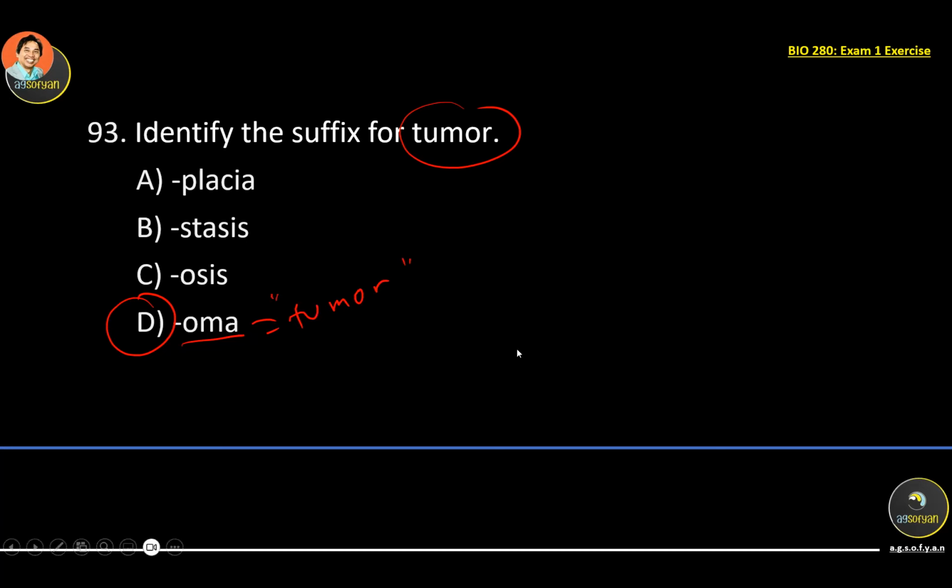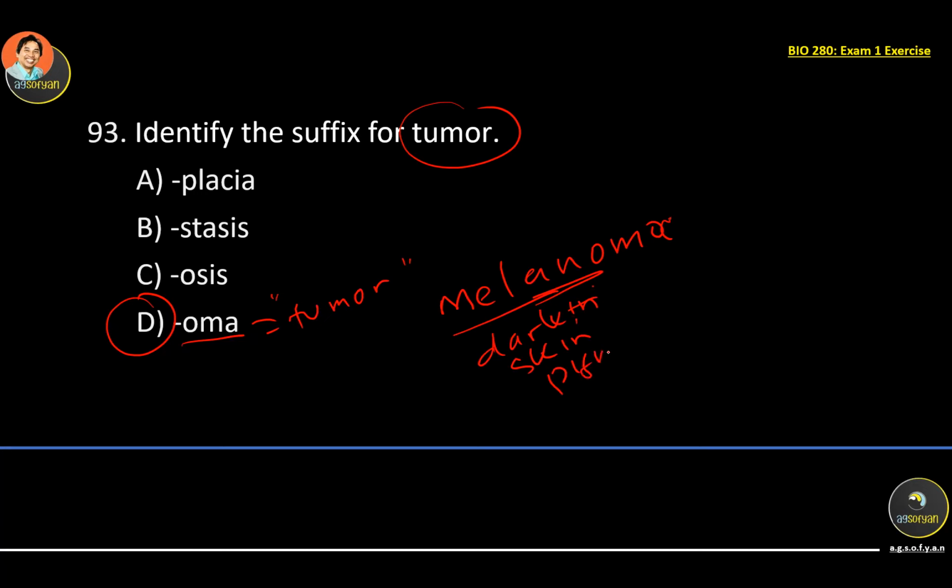Like for example, melanoma. Maybe you have heard of a cancer or tumor called melanoma. This is related to melanin, which is a dark skin pigment. Oma over here is cancer or tumor.